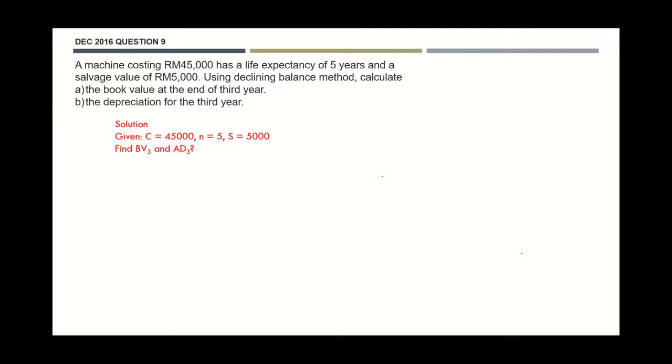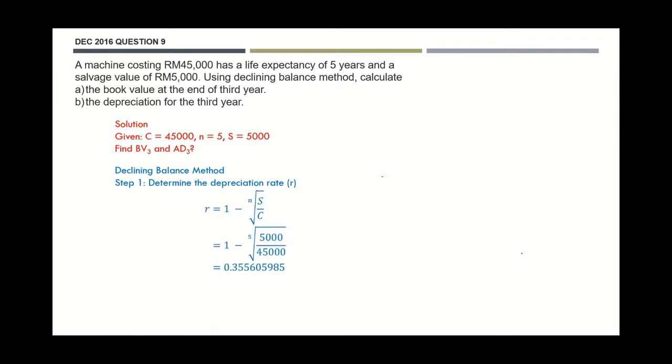Okay, let's do the first one. Since this one is using the declining balance method, the first thing that you need to do is to determine the depreciation rate. Using the formula that we have discovered earlier, R, the depreciation rate, is equal to 1 minus the nth root of S divided by C. In this case, you substitute n with 5, that is the useful life, the scrap value is 5,000, and the cost is 45,000.